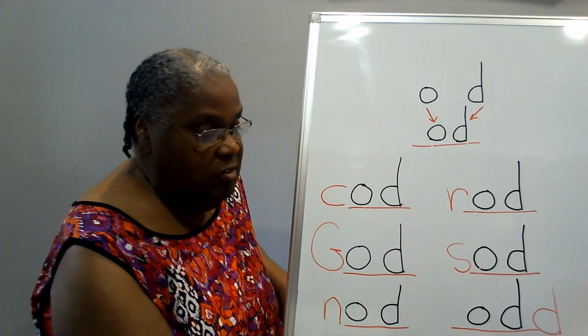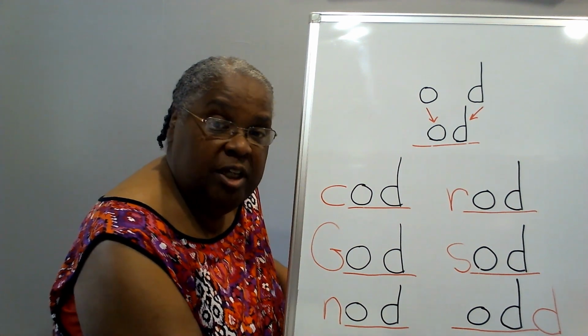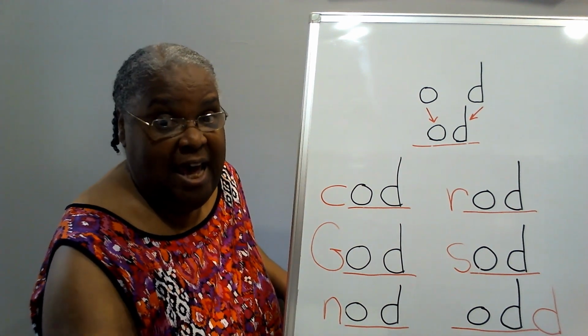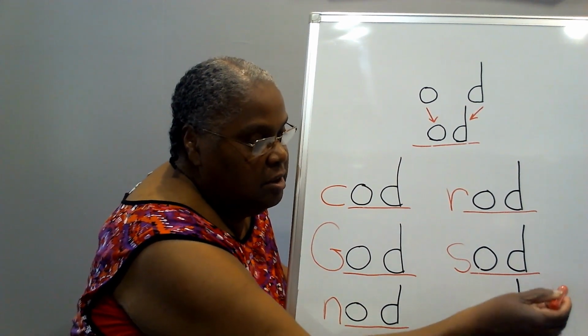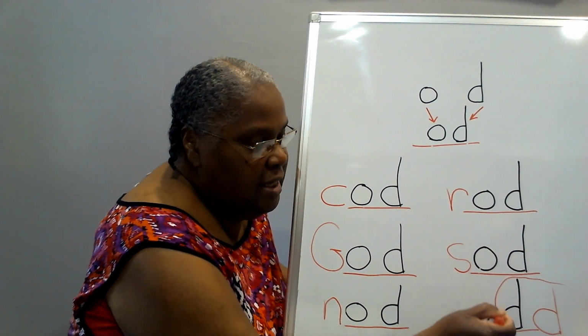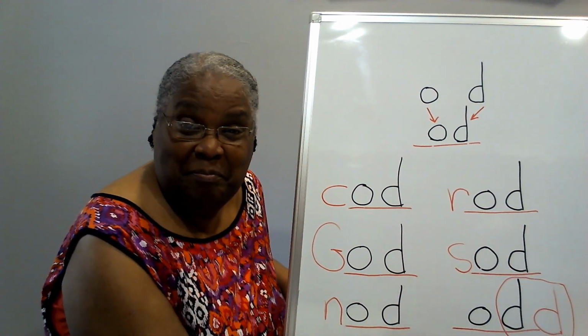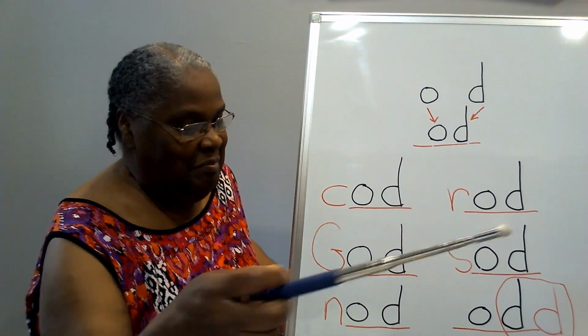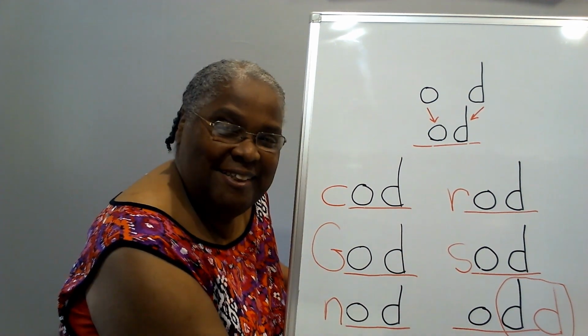Now say the sound of the blend and the D sound together smoothly, while remembering that when identical consonants are side by side, they make one sound. Say the sound of the blends, odd.